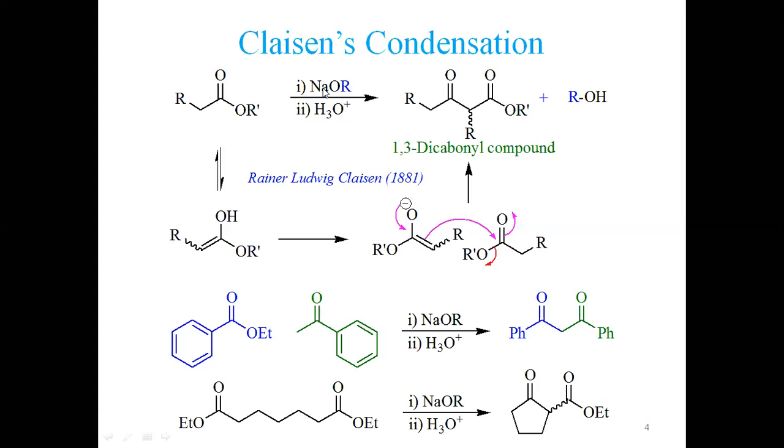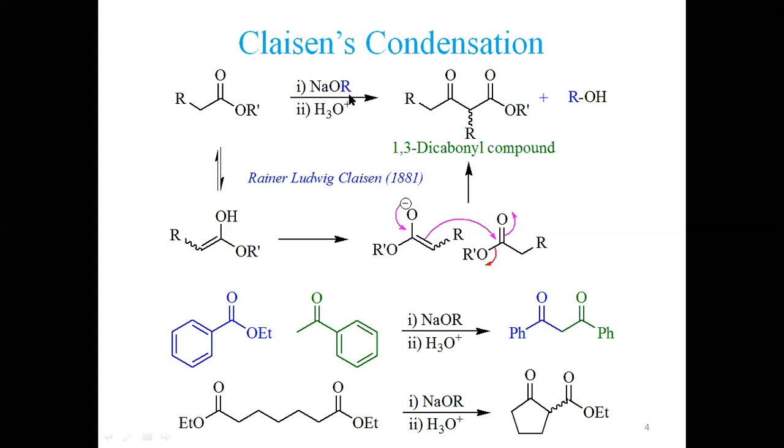Sodium shall be the counter ion, and ethoxide ion shall be generated. The R may be methyl if we start with methanol, ethanol, isopropanol, propanol, butanol, and tertiary butanol. So many different alkoxides are used.